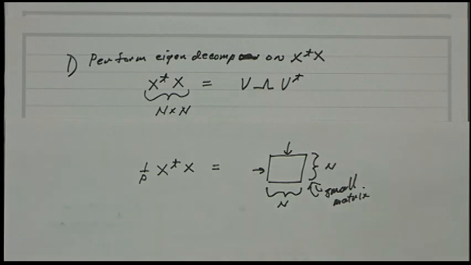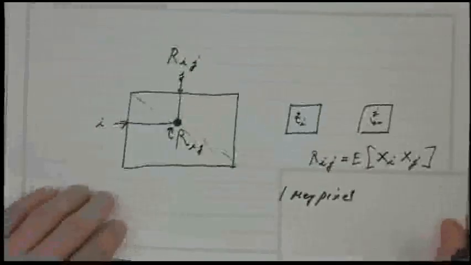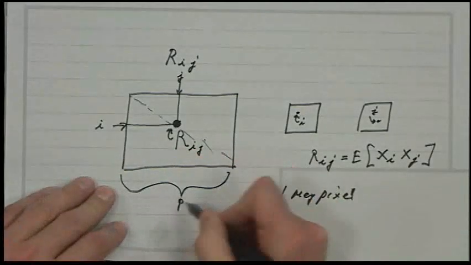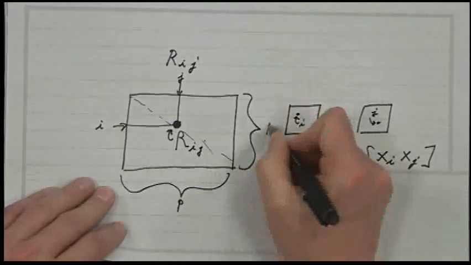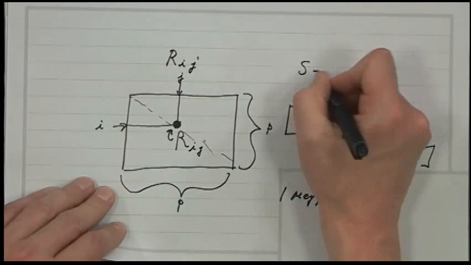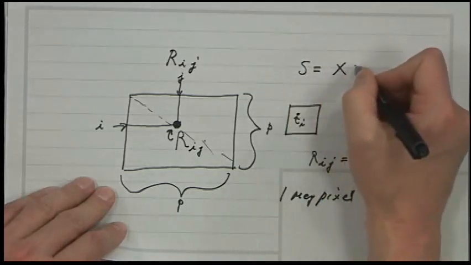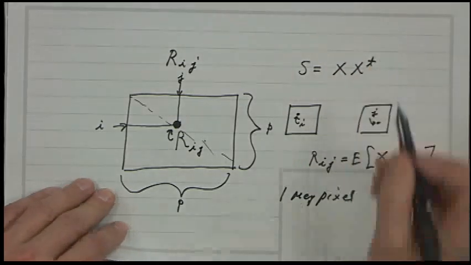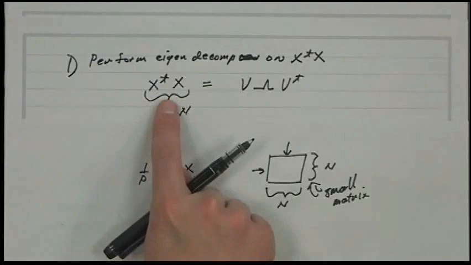The other matrix is this matrix here, the matrix which is P by P. This matrix S is equal to X X transpose. So this is large, but this matrix here is not nearly as large.